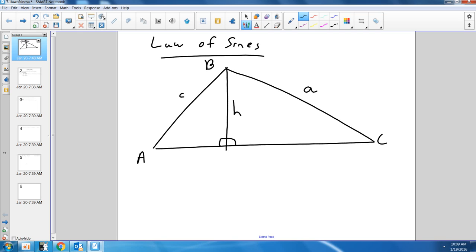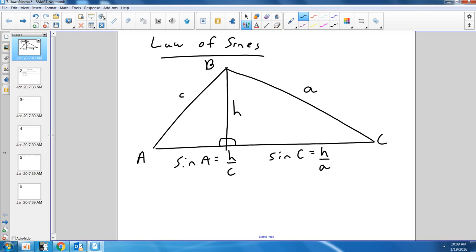Then what you're going to do is just fill in two equations with the sine. So the sine of A is equal to H over C, and the sine of C is equal to H over A. That's just looking at the left triangle and the right triangle.